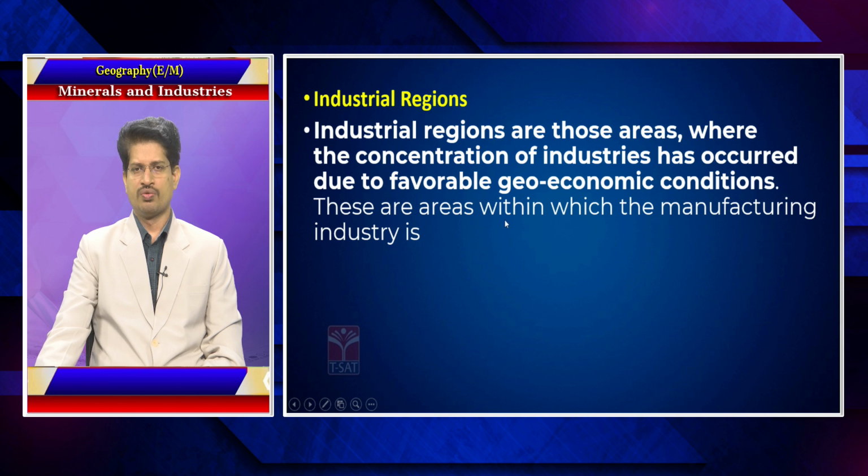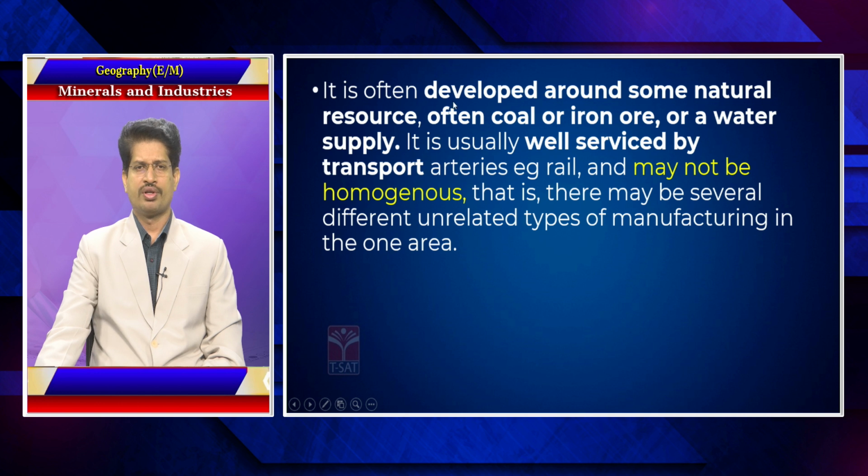These are areas within which the manufacturing industries are located. It is often developed around some natural resources, meaning the availability of minerals, as I have depicted in the discussion of the mineral belts, often like coal or iron ore, which are bulky raw materials, or water supply.